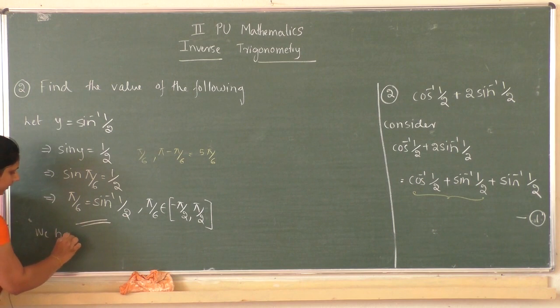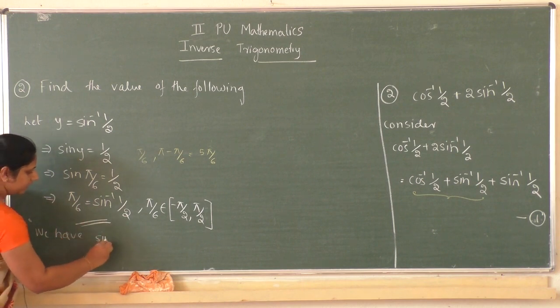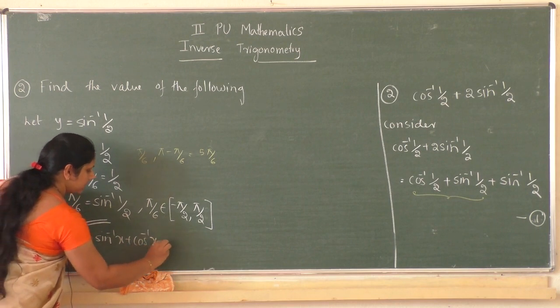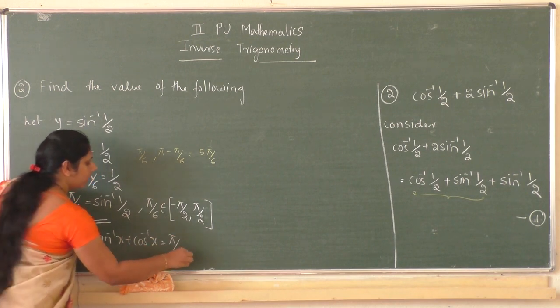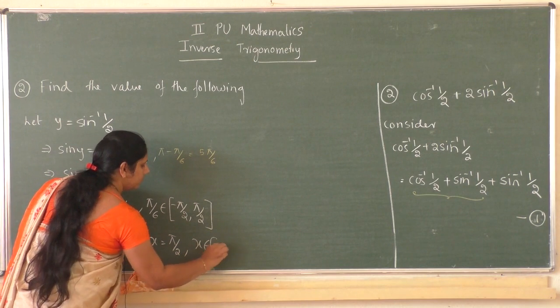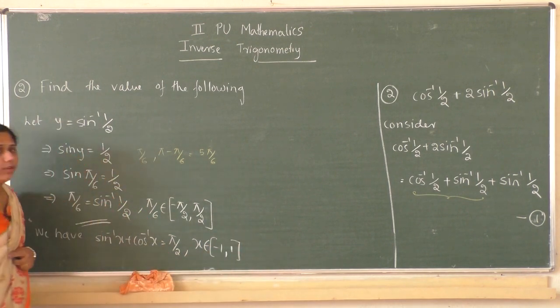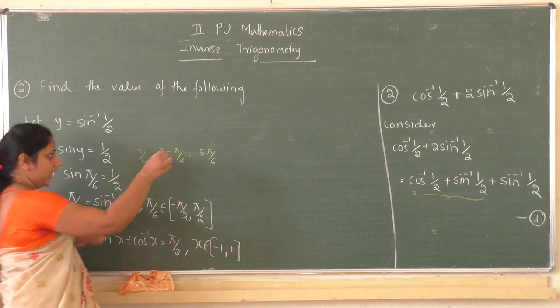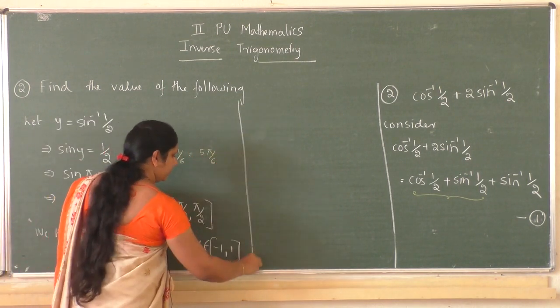Which formula do we have? Sine inverse x plus cos inverse x equals pi by 2, where x belongs to the closed interval minus 1 to 1. Now we have to use this formula and also this value in equation 1.